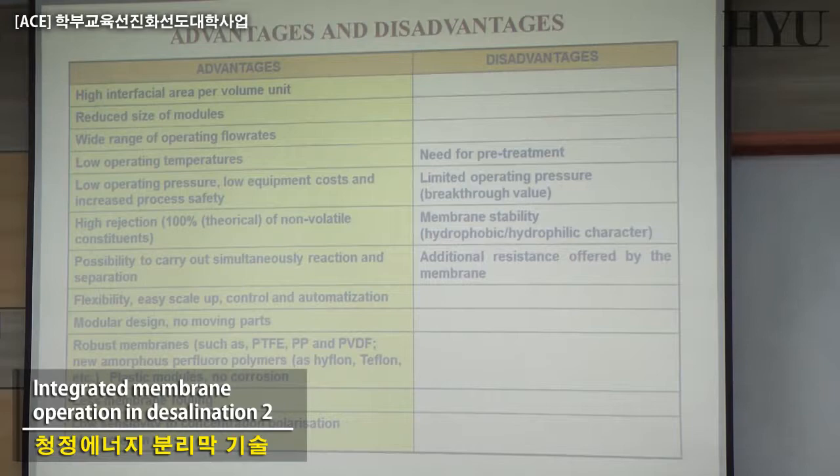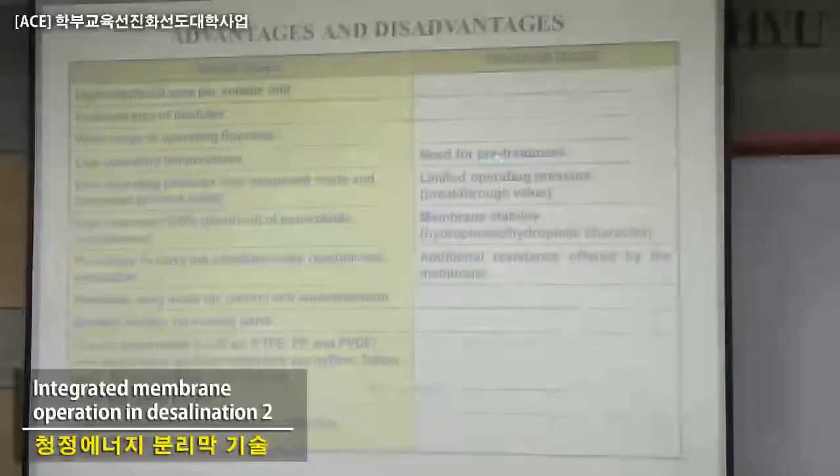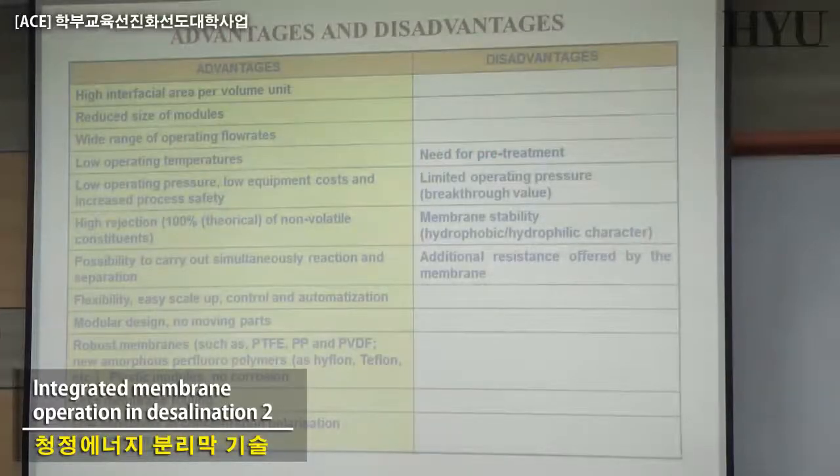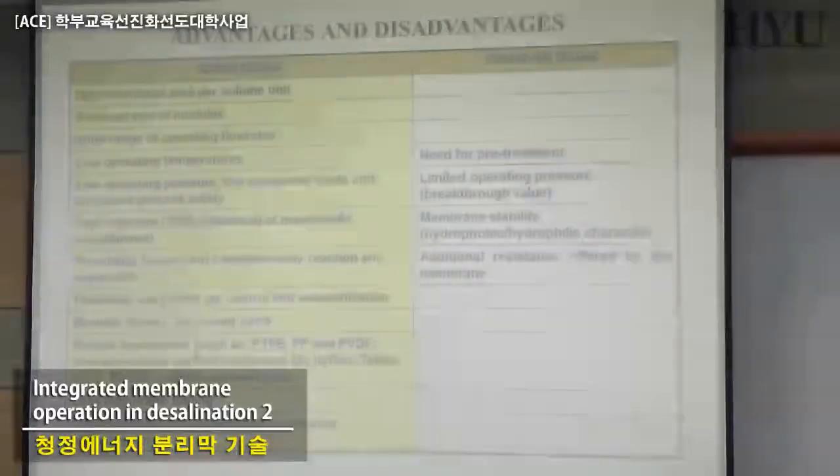Some disadvantages, very clear, are that, as always, you need some pretreatment, but this pretreatment can be very different from the traditional one. You are not taking care of the concentration of some chemicals, etc. You are taking care of the presence of some chemicals that can make a hydrophobic material hydrophilic.